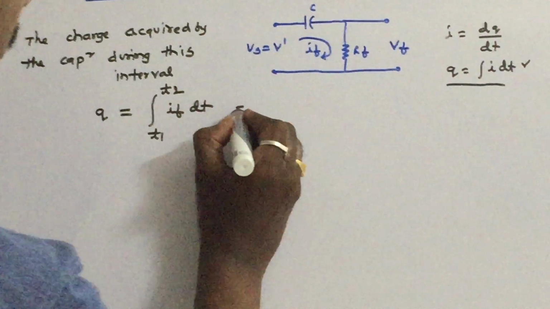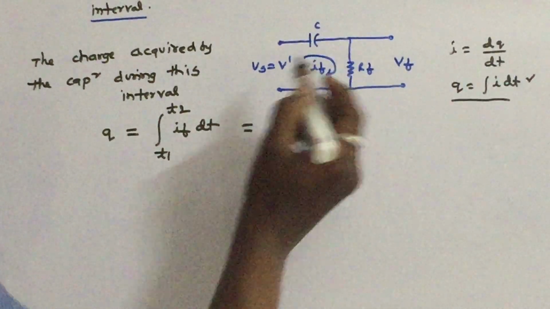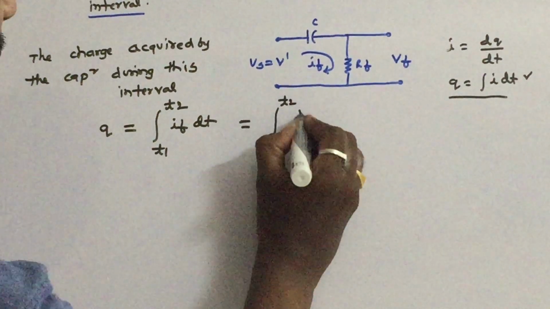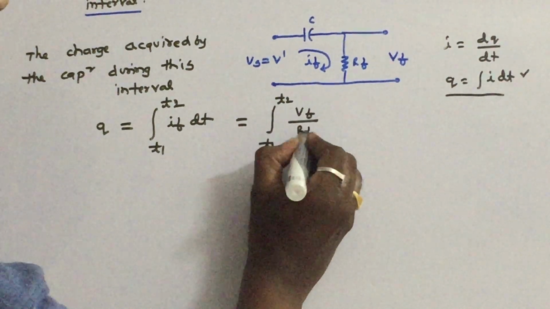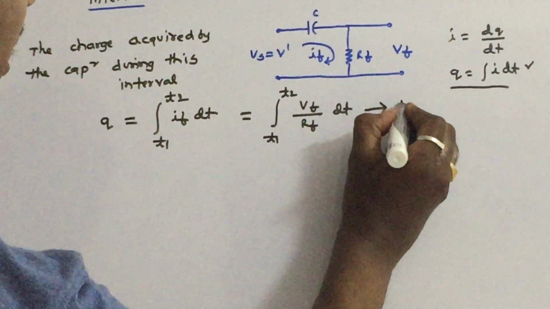What can IF be written as? IF can be written as VF by RF from the circuit. So the integral T1 to T2 of VF by RF into dt. Let us call this equation 1.